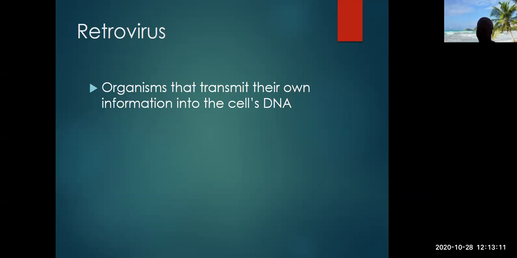When you're looking at retroviruses, these are the organisms that transmit their own information into the cell's DNA. Retroviruses differ from other viruses in that they are merely hijacking a cell's DNA or RNA to reproduce. So they transmit their own information into the cell's DNA.